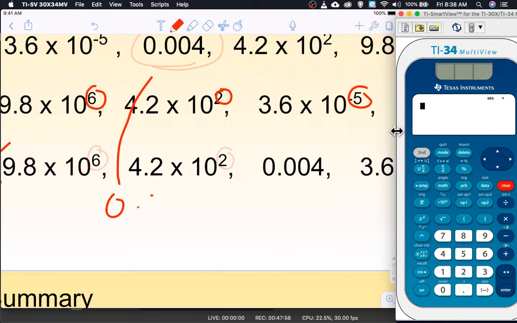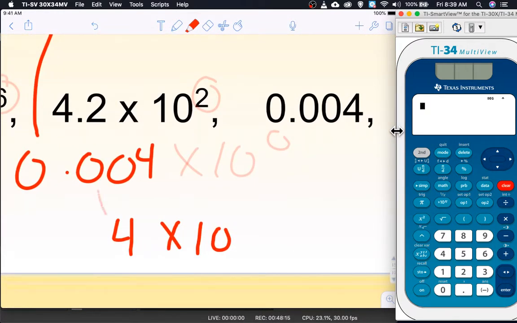So for 0.004 to scientific notation, I'm going to add my times 10 to the power of 0. I'm going to move the decimal where we want it to go. I'm just going to put 4. It'd be 4.0, but 4 times 10 to some power. Let's see. This piece got bigger by 3. 1, 2, 3. My exponent gets smaller by 3.